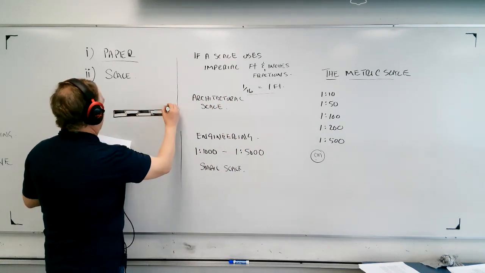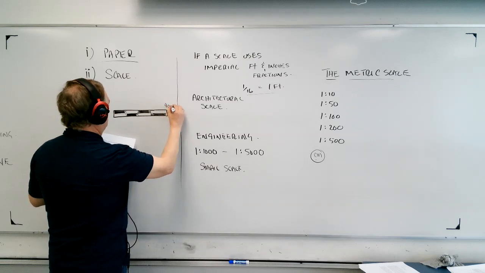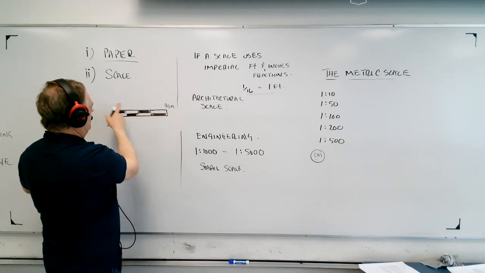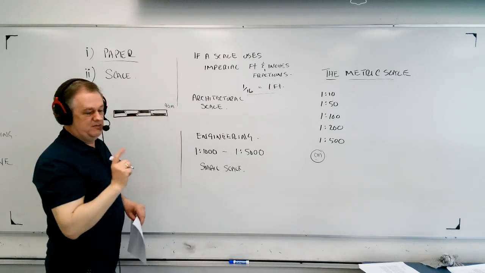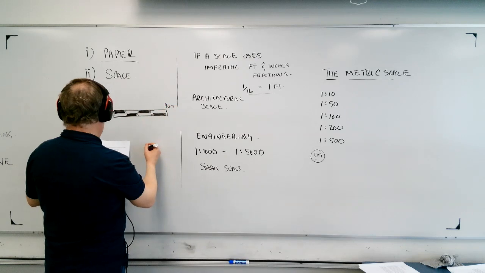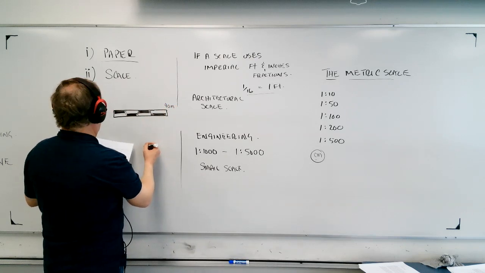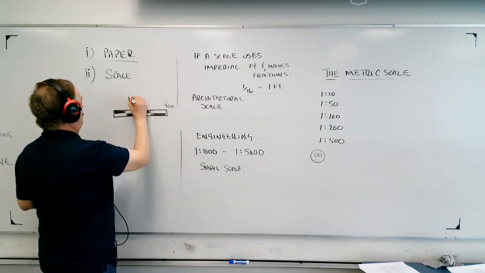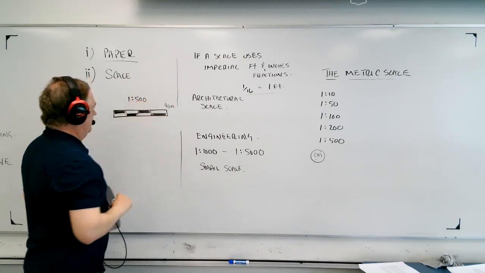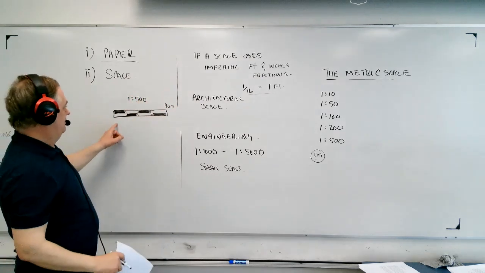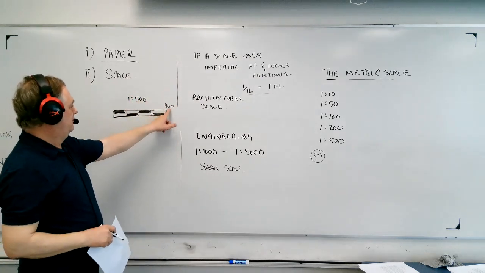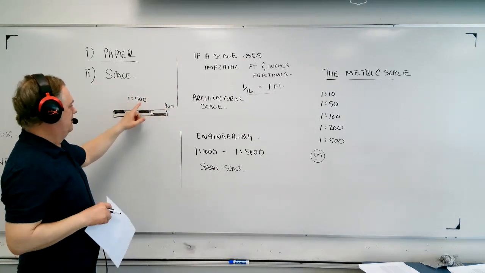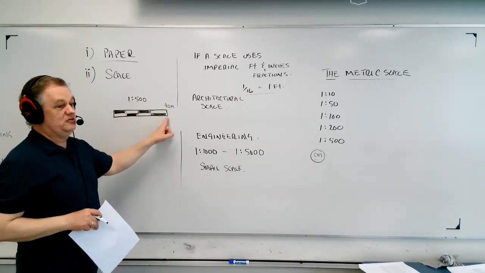In this case, it says 40 meters. So in other words, what we're saying is on the print, this distance from here to here will represent 40 meters. And the scale is also given, and the scale is 1 to 500. Now, what that means is that if that's 40 meters and the scale is 1 to 500, how long should it be?